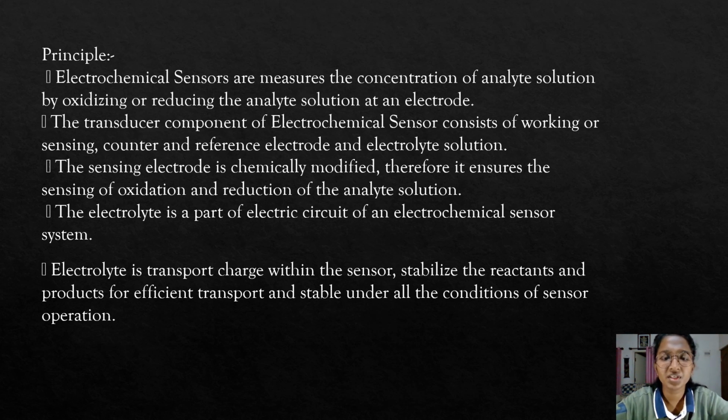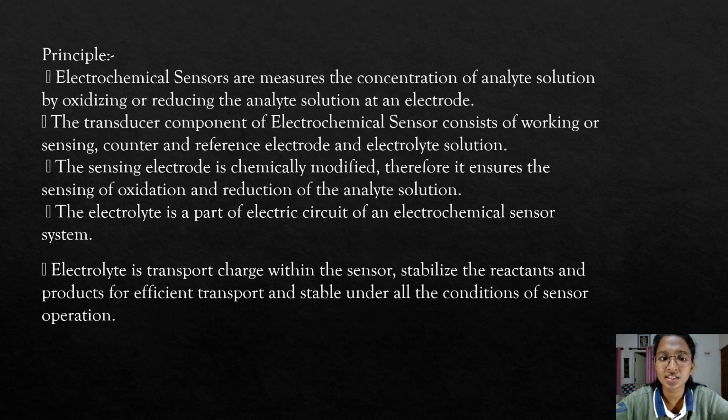Principle of chemical sensors. Electrochemical sensors measure the concentration of analyte solution by oxidizing or reducing the analyte solution at an electrode. The transducer component of electrochemical sensor consists of working or sensing, counter and reference electrode and electrolyte solution. The sensing electrode is chemically modified, therefore it ensures the sensing of oxidation and reduction of the analyte solution.